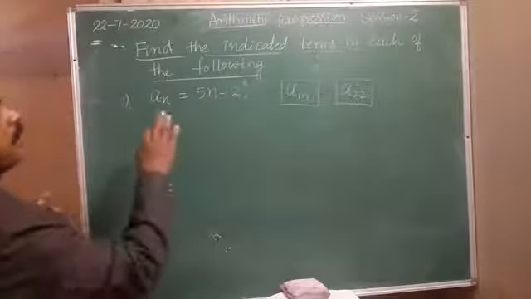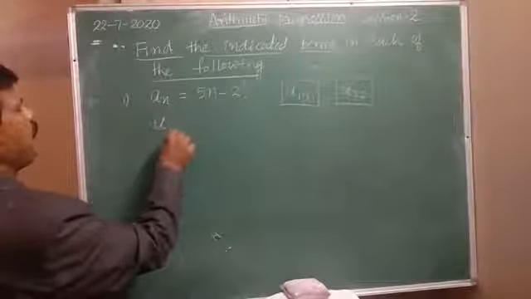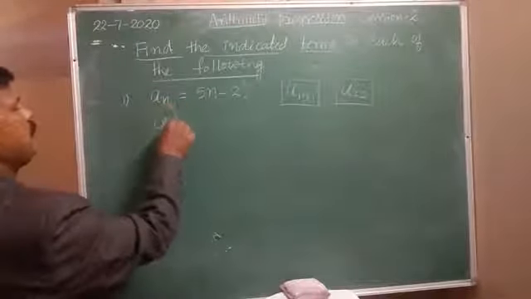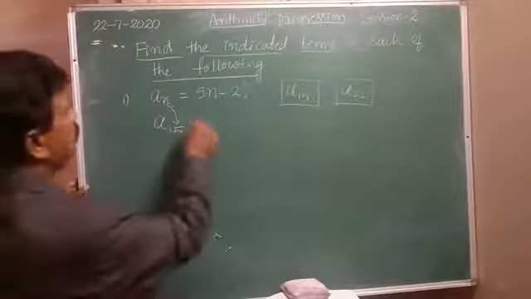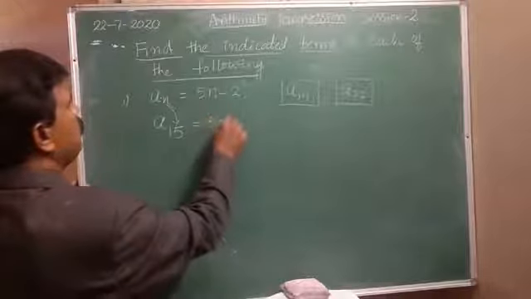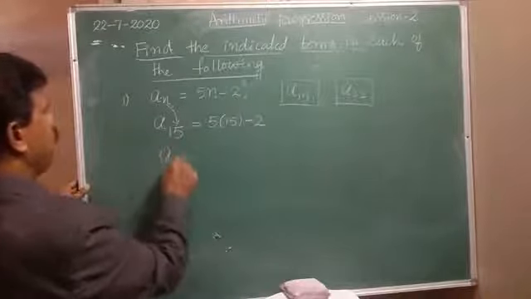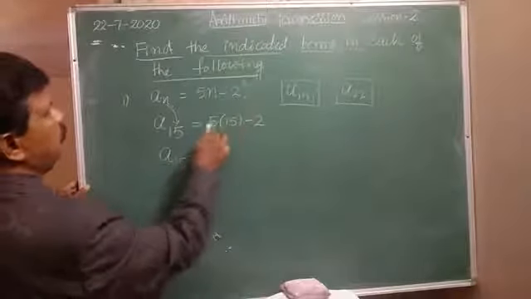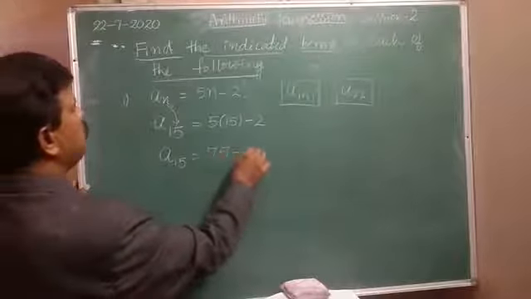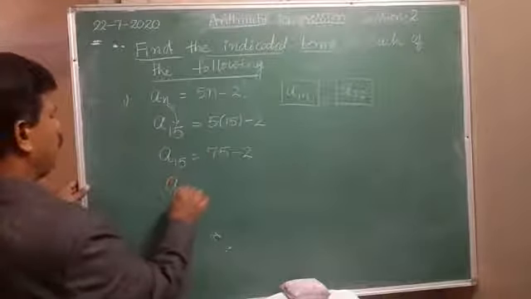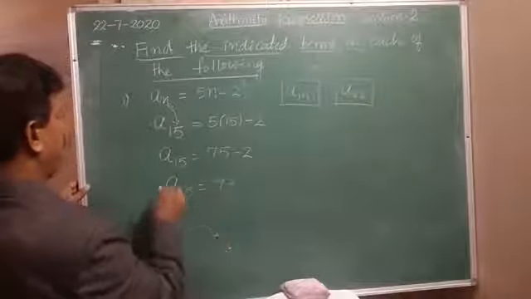That means replace n by 15. Now A15 is 5 into 15 minus 2. So A15 equals 15 fives are 75, minus 2, so A15 equals 73.